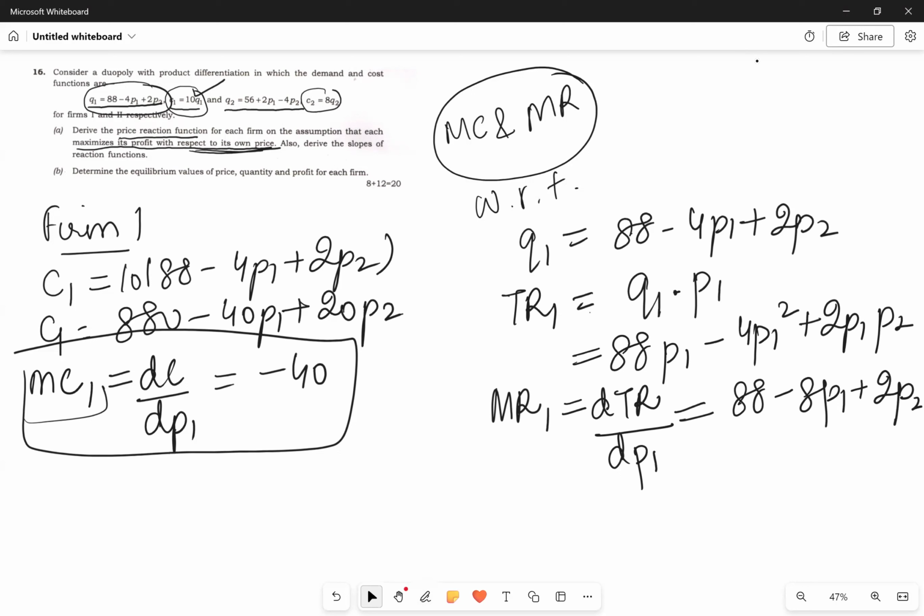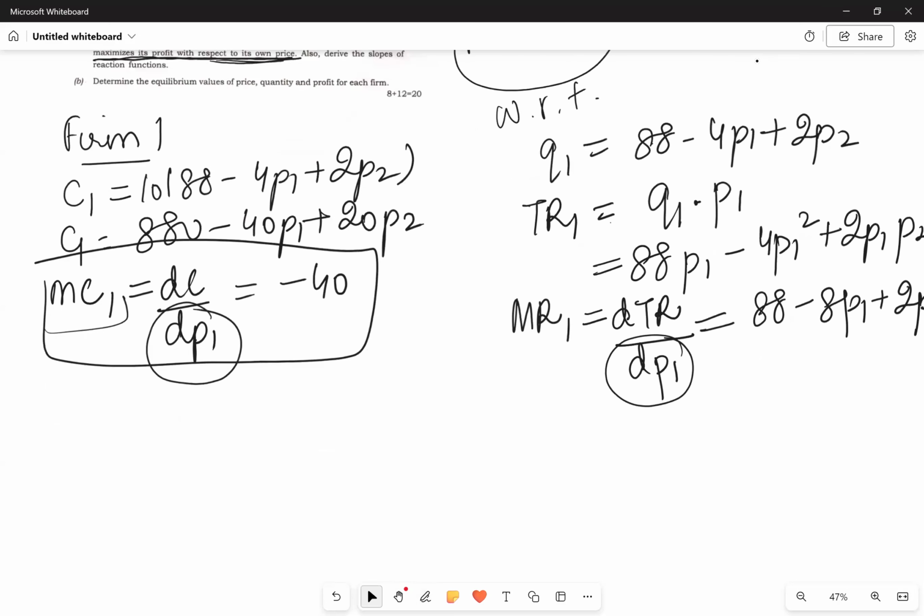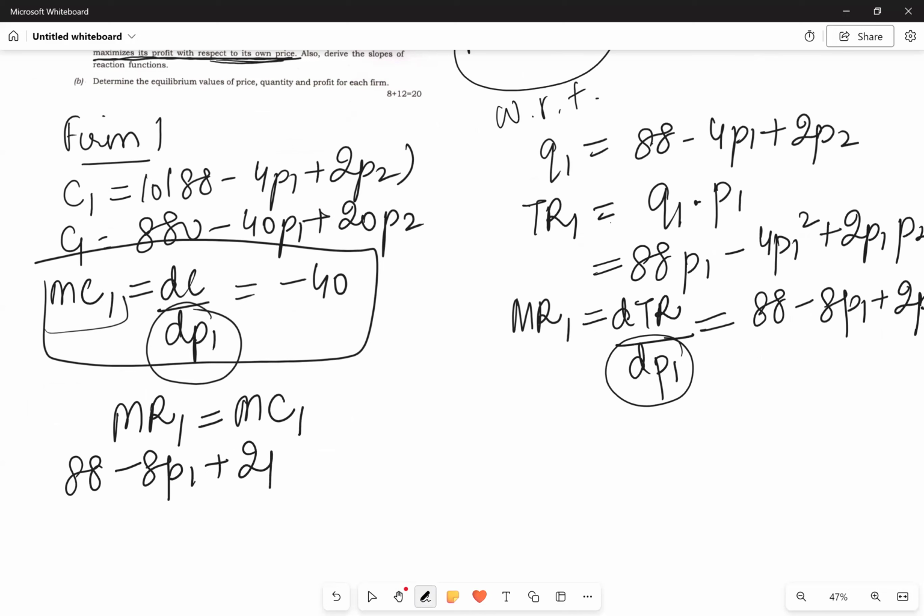Now again, just to remind you why we are differentiating with respect to prices, it is because it is mentioned in the question itself. So now when we equate marginal revenue for firm 1 equal to marginal cost for firm 1, we get 88 minus 8P1 plus 2P2 equal to minus 40.